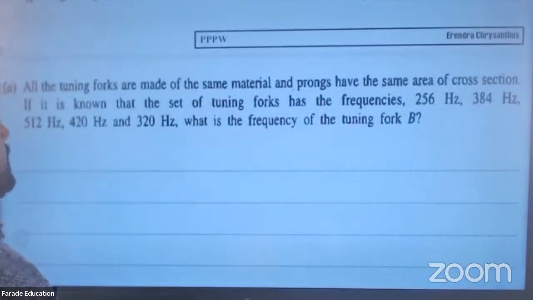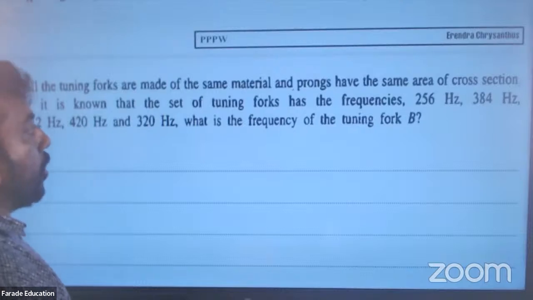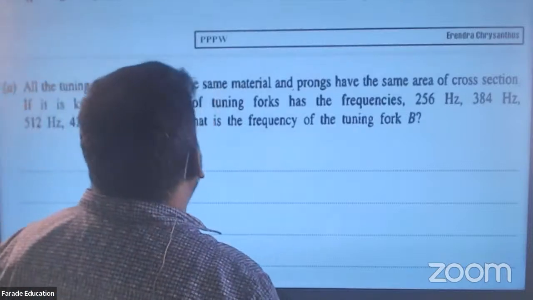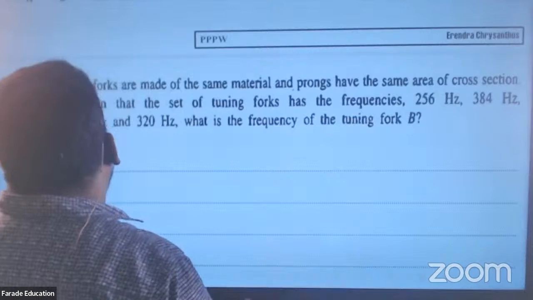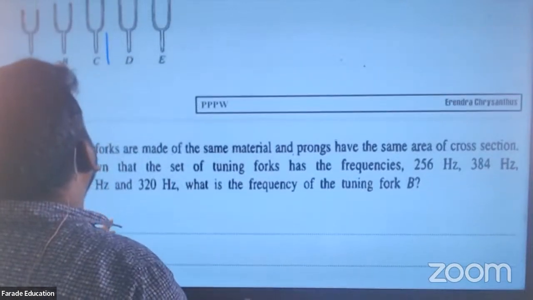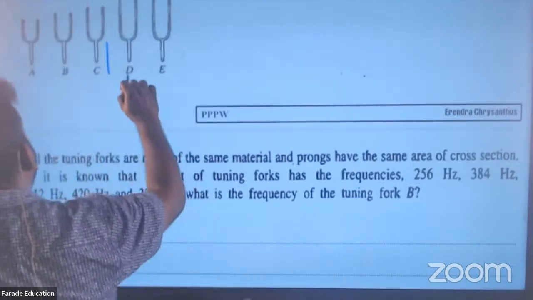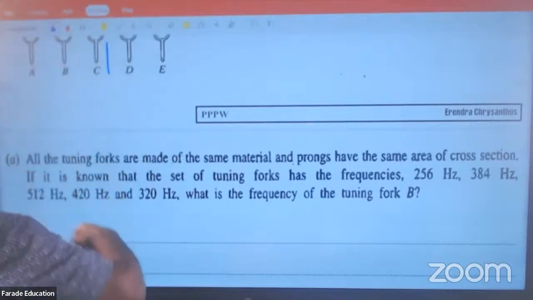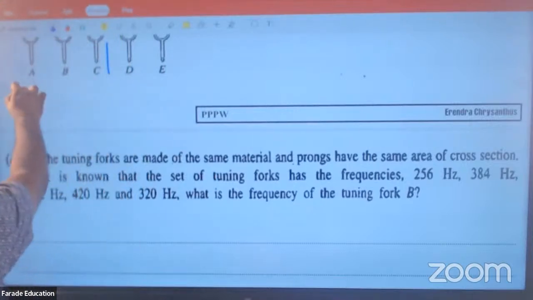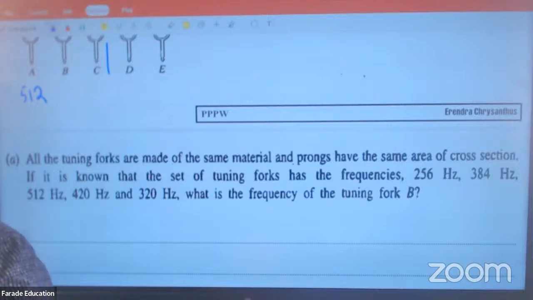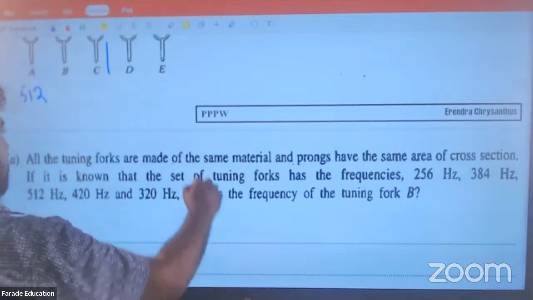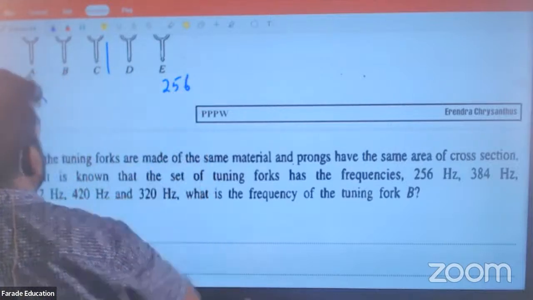All the tuning forks are made from the same material. Prongs have the same cross-sectional area. There you go. So what's your basic rule? Shorter means high frequency. This is 512. Longer means low frequency, 256.